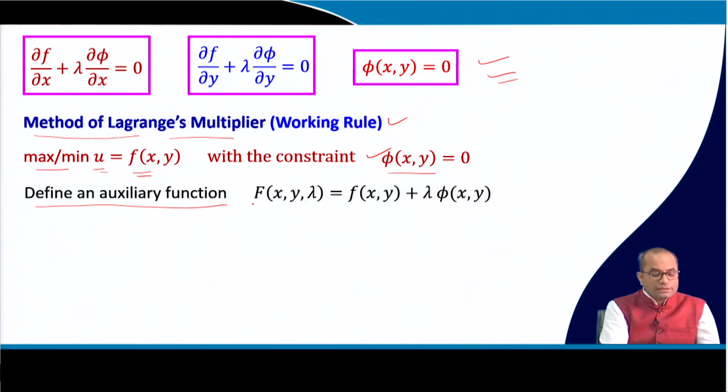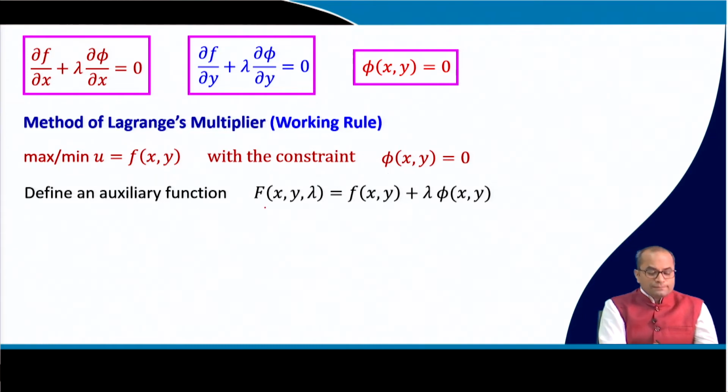What is that auxiliary function? That is a function F of x, y and lambda. How do we define that? Just keep the function f of x, y which we want to minimize or maximize, plus lambda times the constraint, phi of x, y.